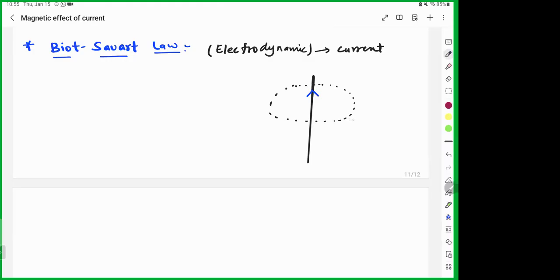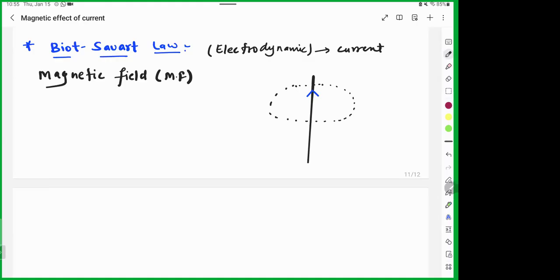This region is known as magnetic field. Electric field is the region around the rest charges. Magnetic field is the region around the moving charges.